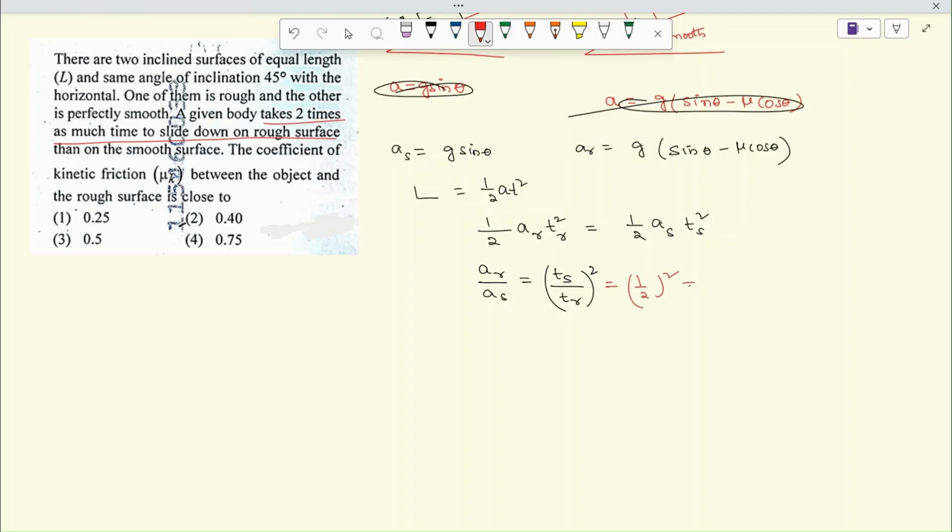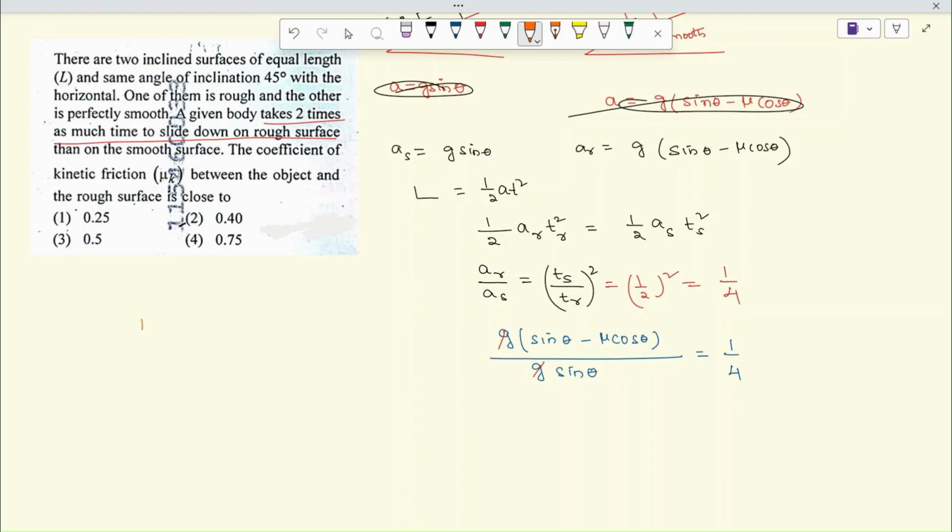It becomes 1 by 4. Next, AR can be written as, already I have written there, g into sine theta minus mu cos theta by smooth surface acceleration g sine theta is equal to 1 by 4. Now cancel g. What do we get?